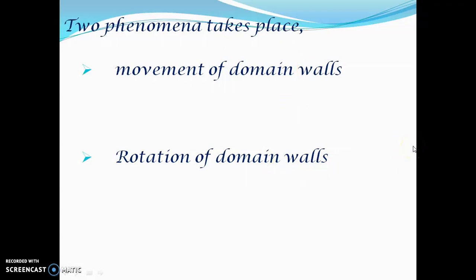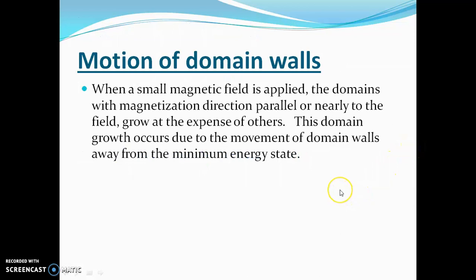First one, movement of domain walls. What is movement of domain walls? When a small magnetic field is applied to ferromagnetic material, the domains with magnetization direction parallel or nearly parallel to the field direction will align in the magnetic field direction. As a result, these domains will start to grow and the remaining domains will start to shrink.